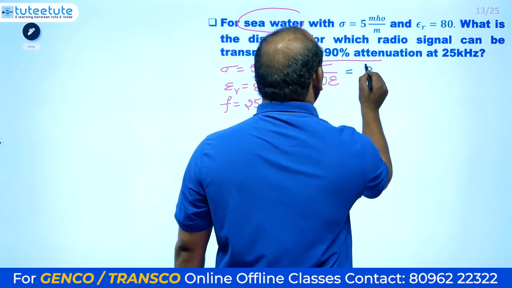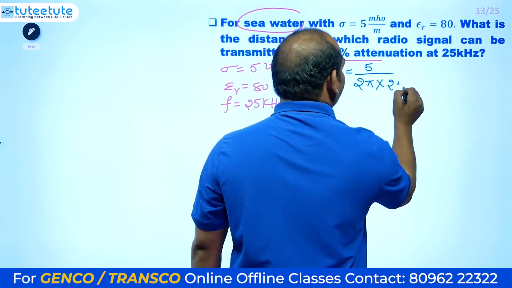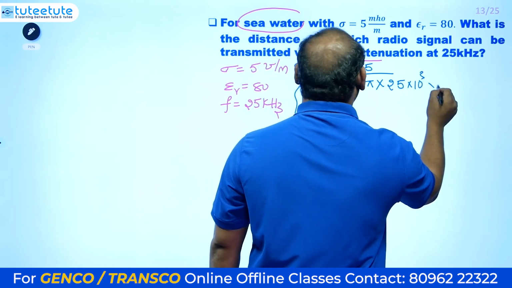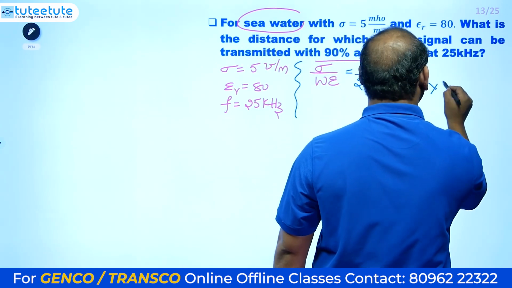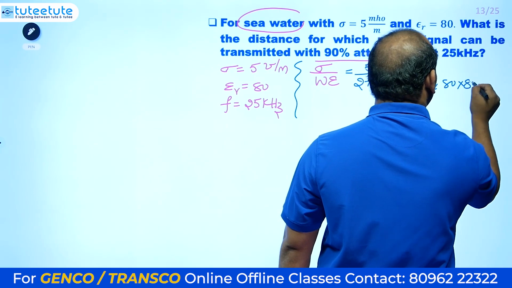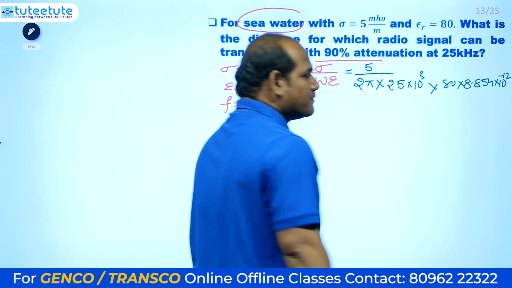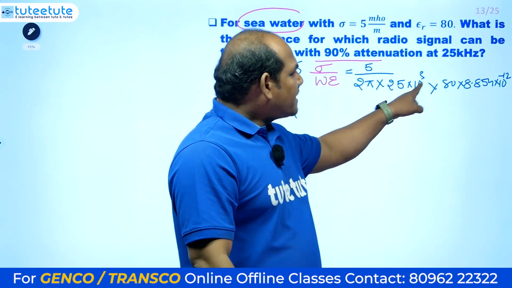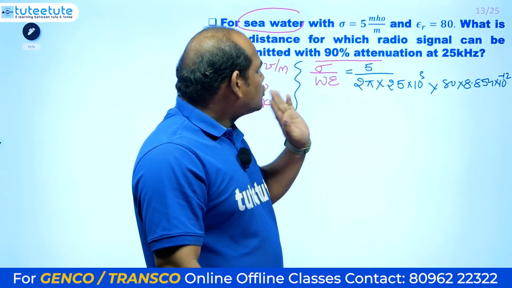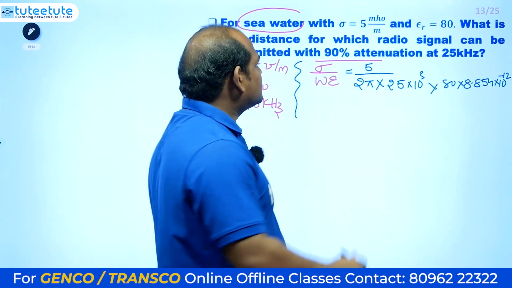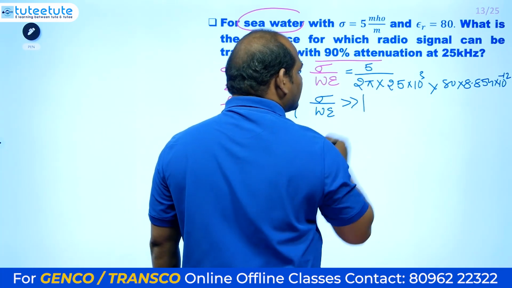Sigma they have given 5, by omega, which is 2 pi f, f is 25k, that means 10 power 3, into epsilon, which is epsilon r into epsilon naught, that means 80 into 8.854 into 10 power minus 12. You see here 10 power minus 3 is there, and here 10 power minus 12, that means 10 power minus 9. So the denominator is a very small value, that means the total factor will be very large. So sigma by omega epsilon is greater than 1.